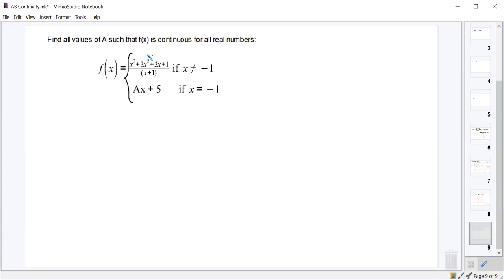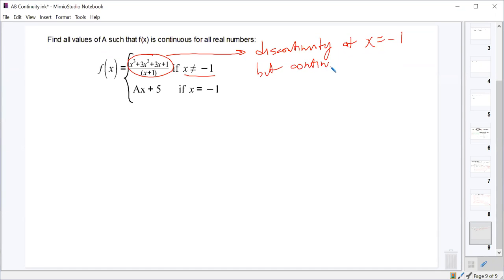Yes. Right, this little piece here has a discontinuity at x equals negative 1, which is fine because x doesn't equal negative 1. But it's continuous everywhere else. And all rational functions are continuous everywhere else, right?